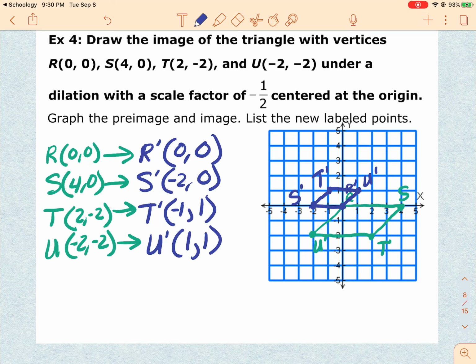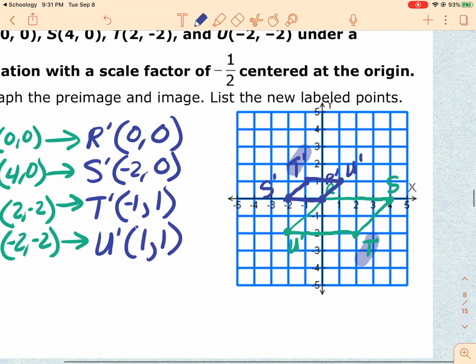You see an image that does look like it's half the size, but one thing to point out, take a look at, say, T prime and T. T was on the lower right-hand side of the object. Now it's on the upper left. So in addition to being half the size, it got rotated 180 degrees.